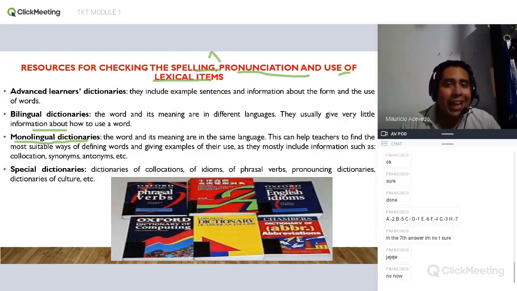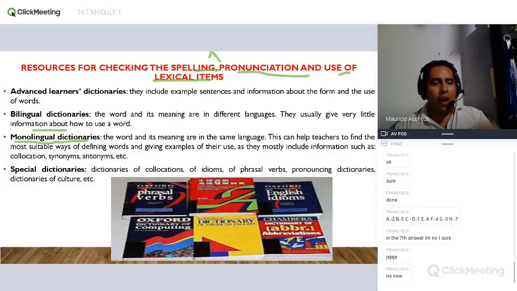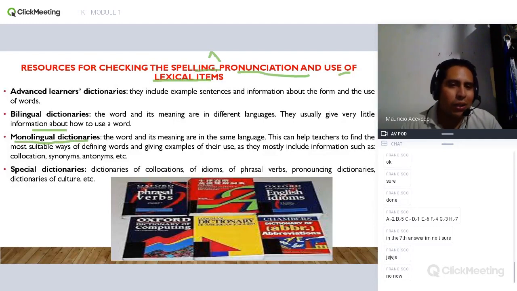This can help teachers to find the most suitable ways of defining words and giving examples of their use, as they mostly include information such as collocations, synonyms, antonyms, etc. So monolingual dictionaries are more useful from high school, university, master degrees, because as you have only one language and the description of the language, you have more space or more information about the word.